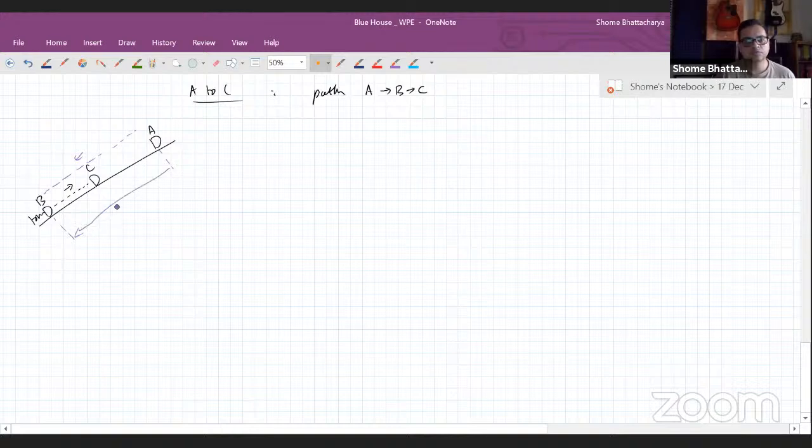This was 5 meters. Then this displacement was 1 meter. And this height difference, therefore, is 2.4 meters.